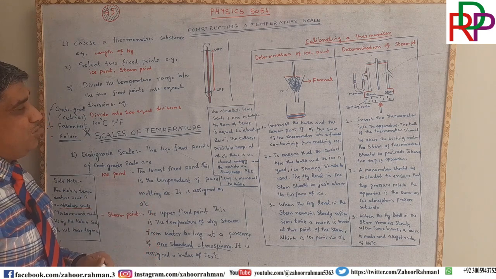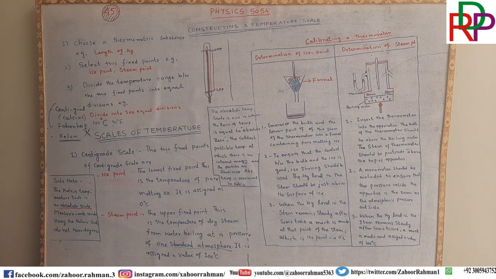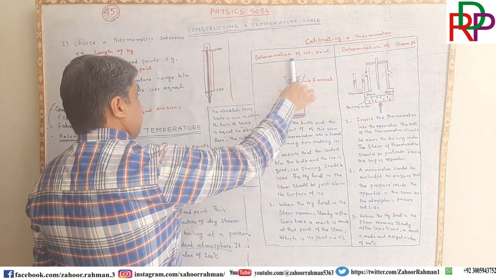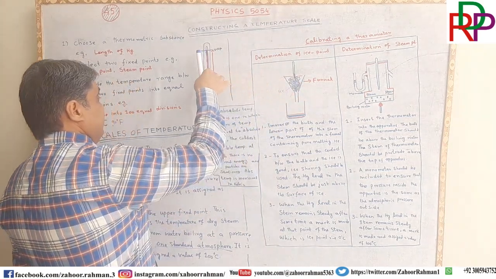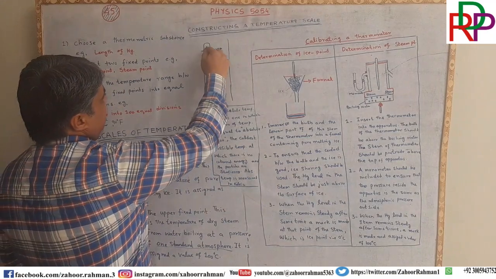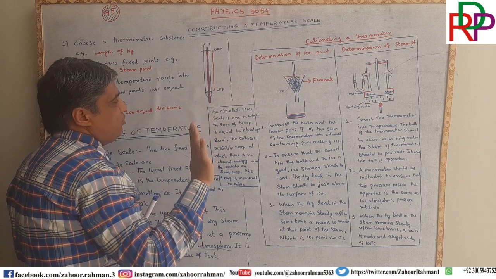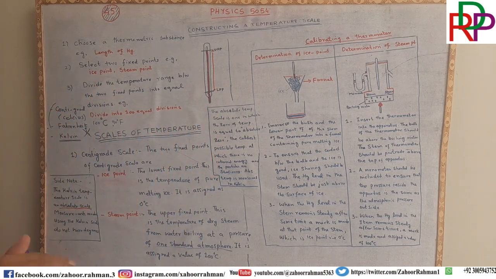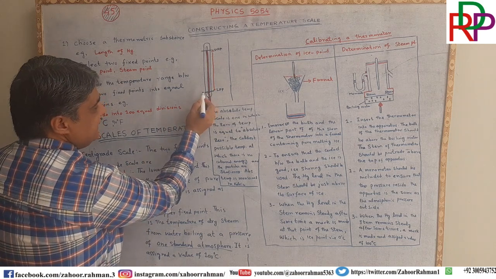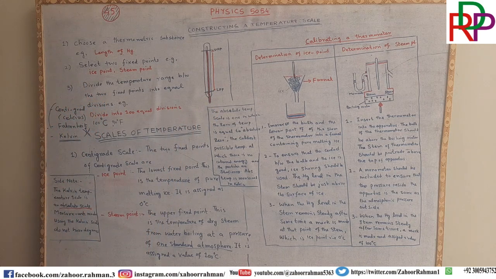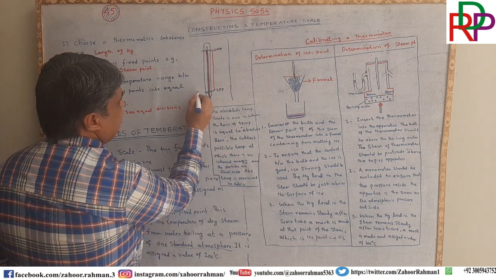So you have to note that point, and that point will be the ice point, and you have to assign a value of 0 degrees Celsius to it. Let me take this thermometer here. You are observing that the mercury level is coming down, and at this point it is not moving further down. So you have to mark that point just like I did here, and then you have to assign it 0.